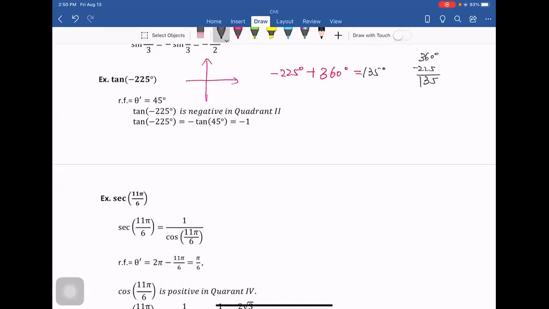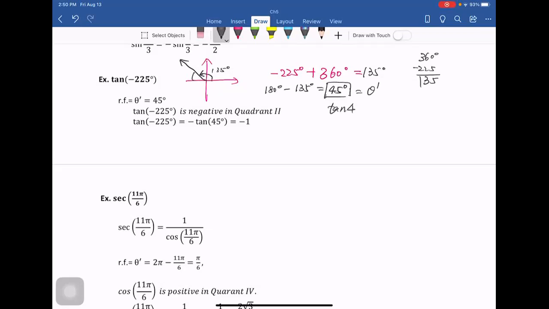Okay, so it should be here. From here to here is 135. So the reference angle is 180 degrees subtract 135. That's 45. The reference angle is 45 degrees.